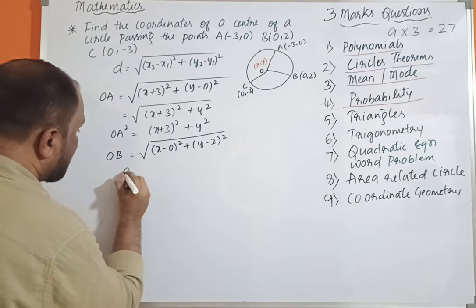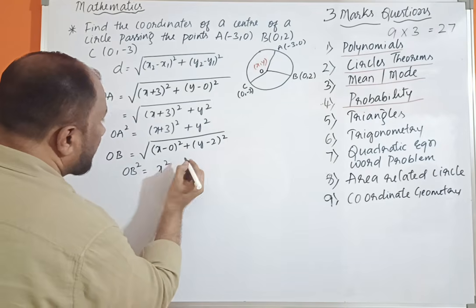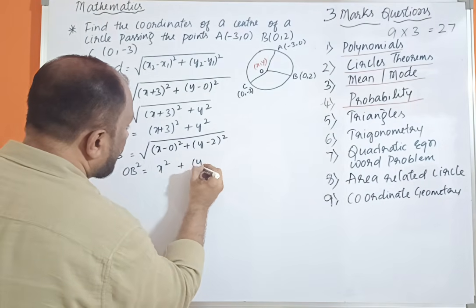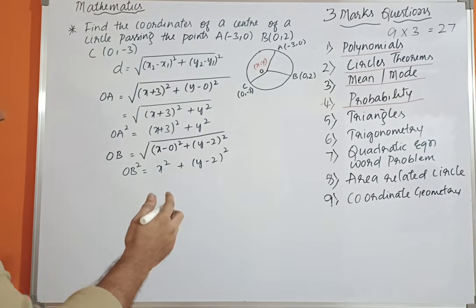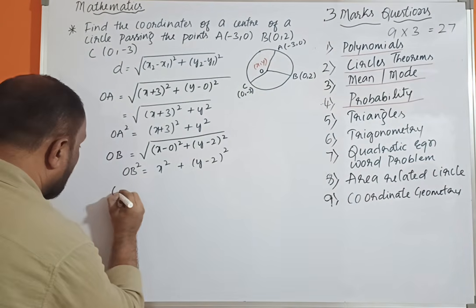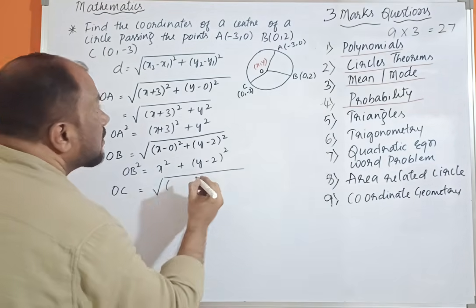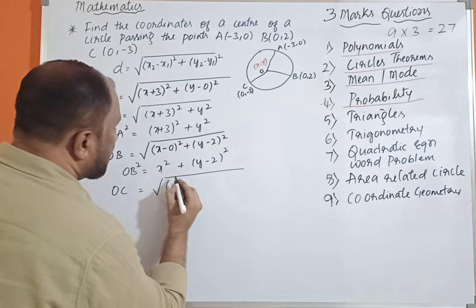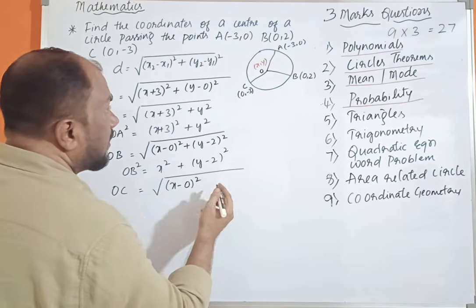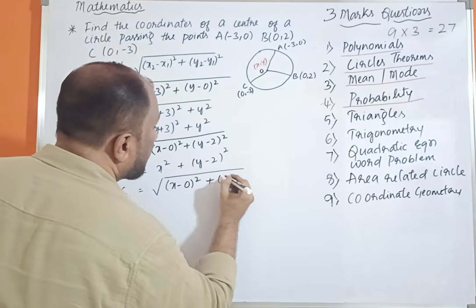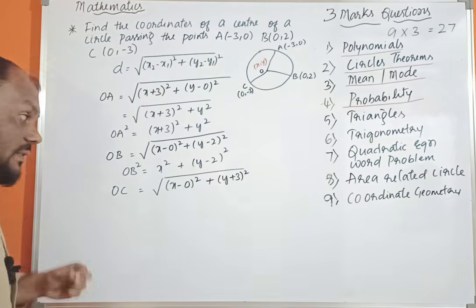So now OB square is equal to x square plus y minus 2 whole square. Now one more radius, that is OC, is equal to root of x minus 0 whole square plus y minus of minus 3 is plus 3 whole.